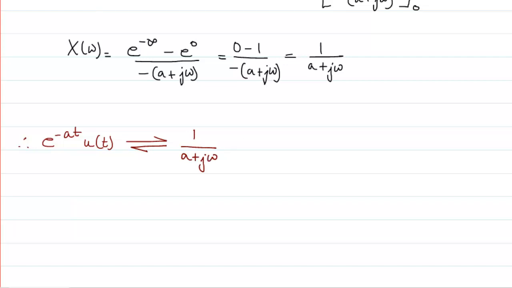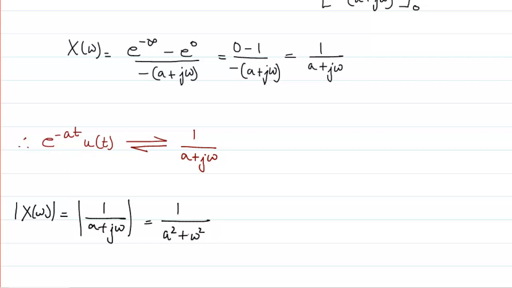Now one thing you have to remember is the magnitude of X of omega, which in this case is the magnitude of 1 divided by a plus j omega. We know that the magnitude of the numerator will be 1. The magnitude of the denominator will be, since it's a complex number, under root a square plus omega square. This is the magnitude.